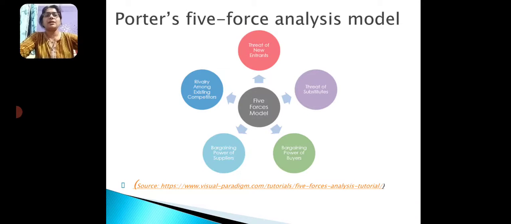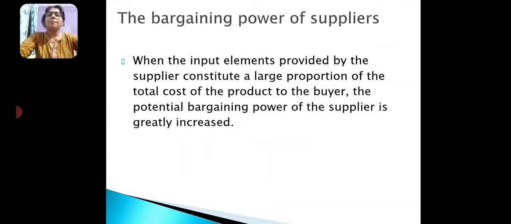The first factor we consider is bargaining power of suppliers. As I gave so many examples, suppose you are in the cement industry, automobile industry, electronics industry, toothpaste industry or tooth powder or any FMCG industry. In that particular industry, who are the suppliers and what is their bargaining power?